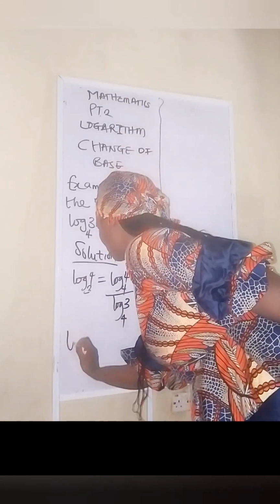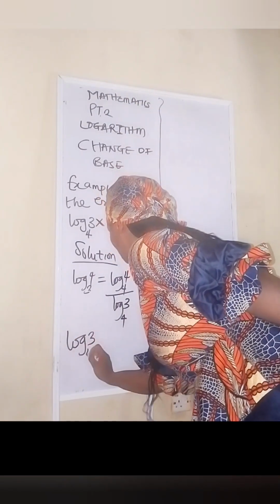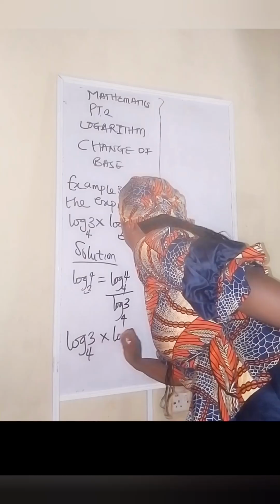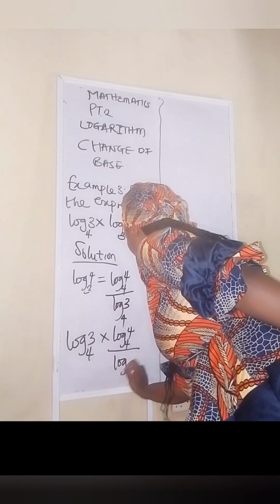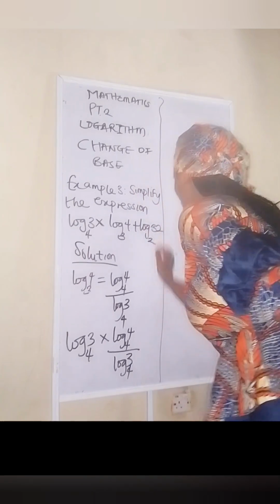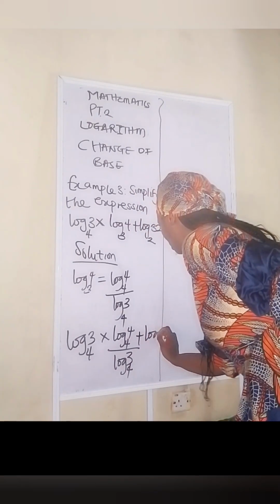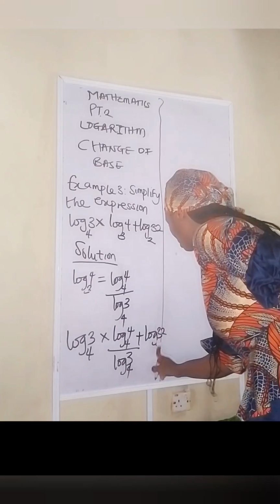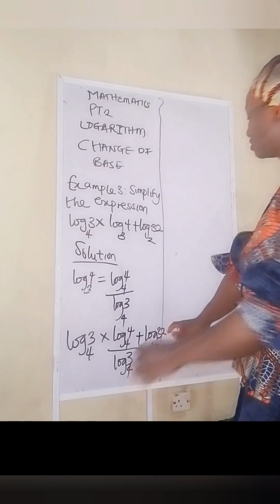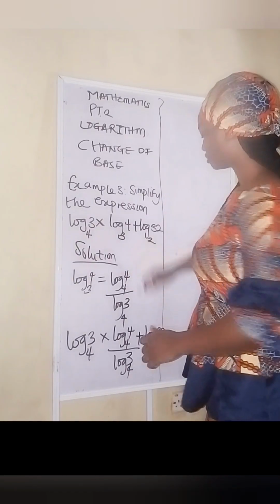So now let's do that. We have log 3 base 4 times log 4 base 4 over log 3 base 4 plus log 32 base 2. We are not touching this because the base is different. We are not touching this third one at all. So now let's go. Log 4 base 4 is what?